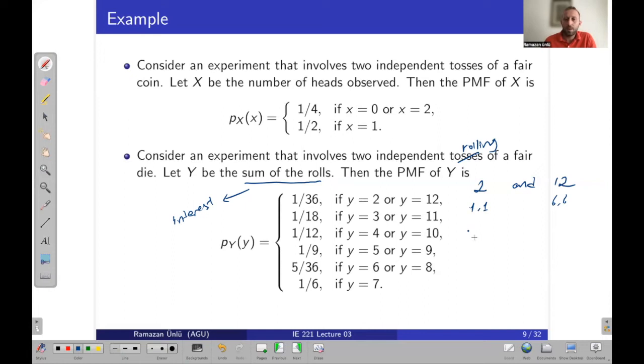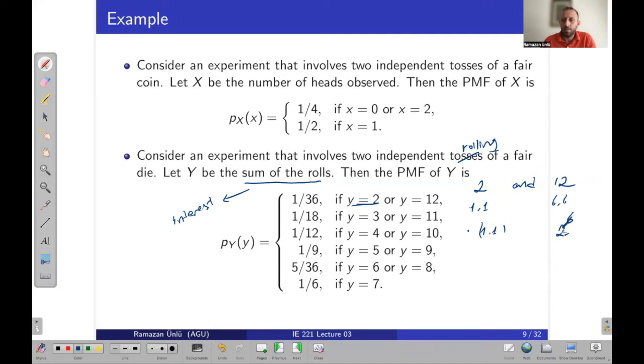So let's do it for a few possible outcomes. Let's say we are looking at Y equal to 2. There is only one subset, which is 1 and 1, that will give us the summation as 2, right? There are no other possible outcomes. And what are the total outcomes?